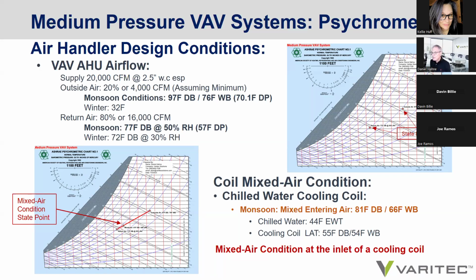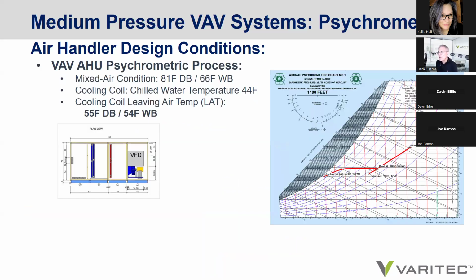That is what needs to be determined first, before we look at the psychrometric process across the coil: what is the entering air condition. So we've determined that we're going to provide 54 degree air to provide a dehumidification application to the cooling coil.